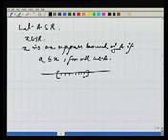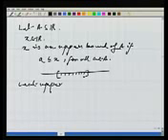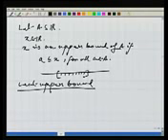Now let's talk about the least upper bound. It means exactly what it says: it is the least among all the upper bounds.